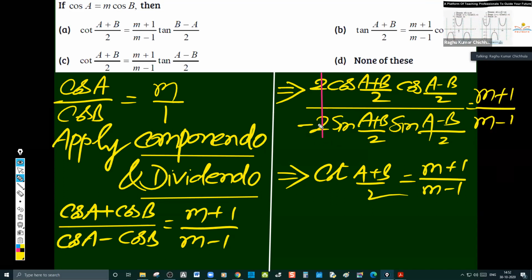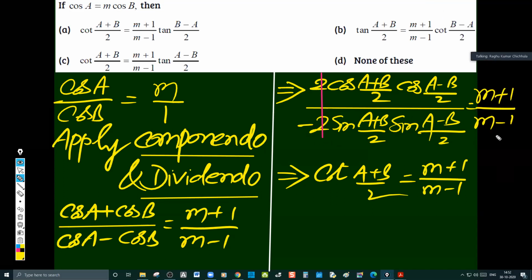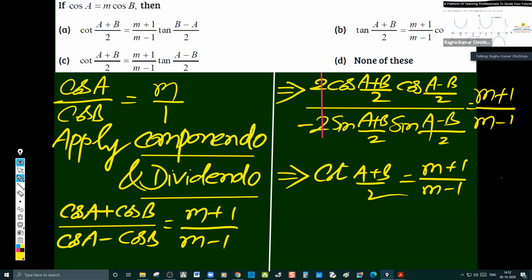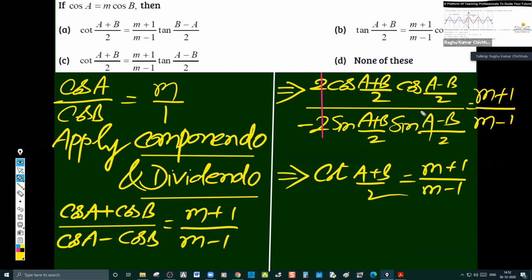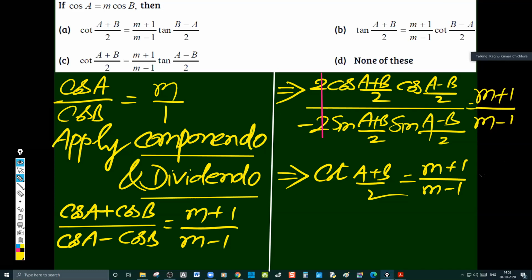What will happen then? If you send this B minus A, sine of B minus A by 2 divided by cos of A minus B by 2. Correct, no? Yes, sir. Then you will get sine by cos, no? Tan of B minus A by 2. First option.